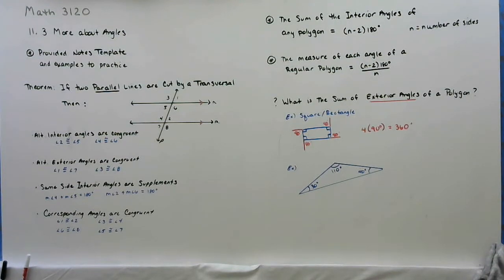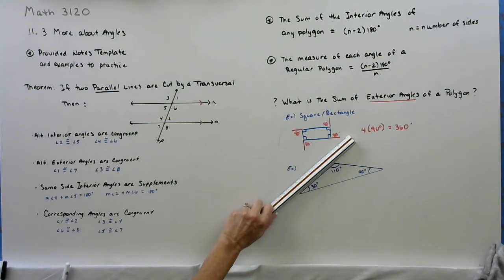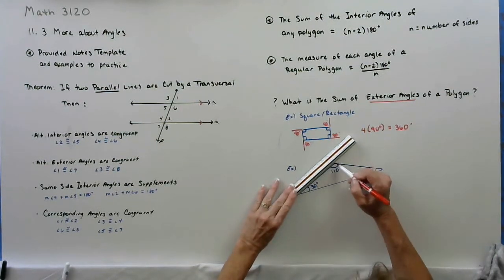And let's find the sum of the exterior angles. So what we need to do is extend each side. So either going clockwise or counterclockwise, just start with one of them. I'm going to extend the 110 degree angle. So first I'm extending this one.